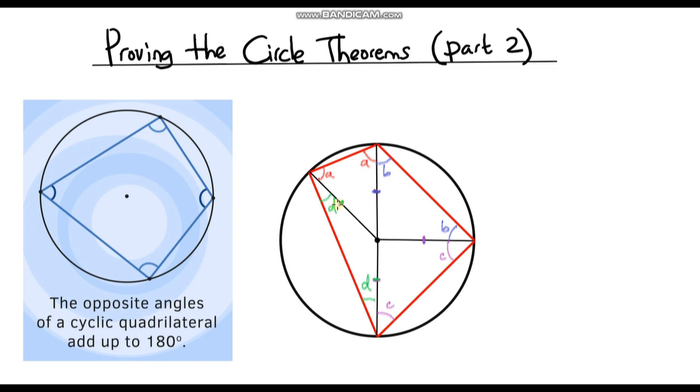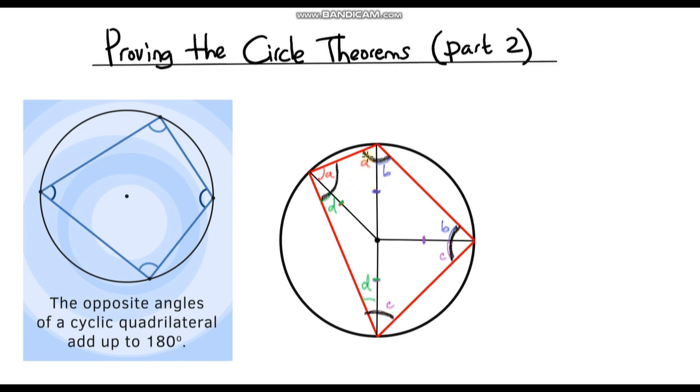Okay, what else do we know about angles in a quadrilateral? Well, angles in a quadrilateral sum to 360 degrees. That's something you learn very early on in your school. But yeah, all of these angles add to 360. So this angle here, plus this angle, plus this angle here, plus this angle, they sum to 360 degrees.